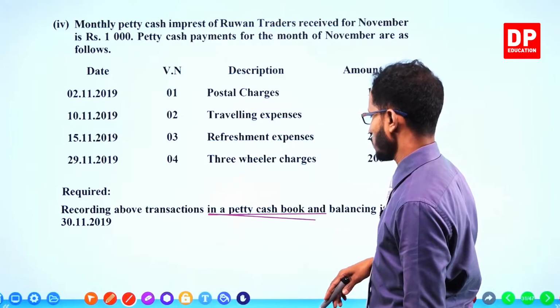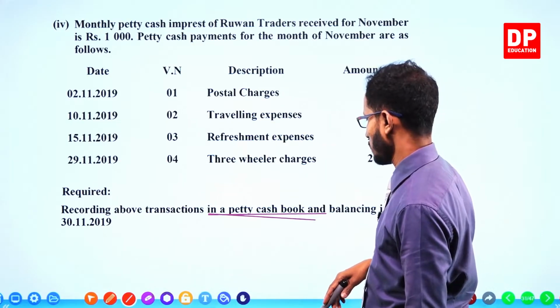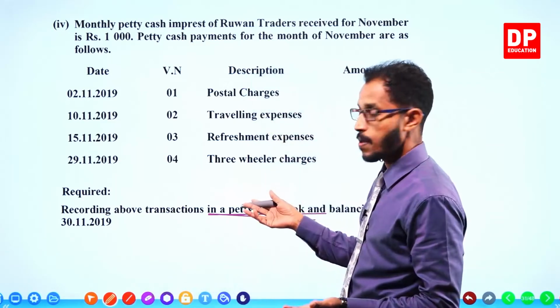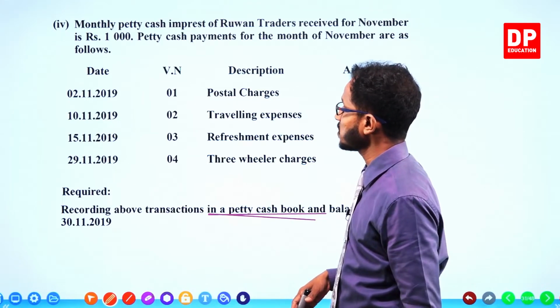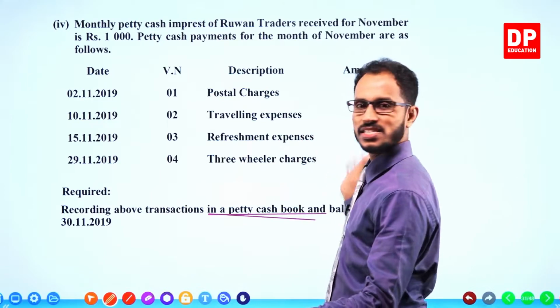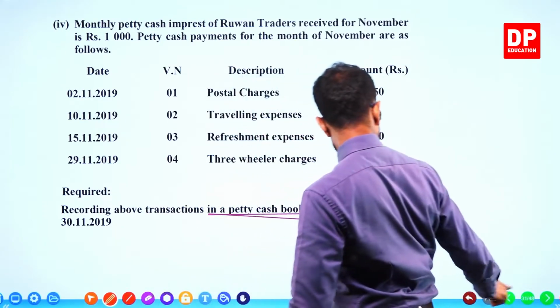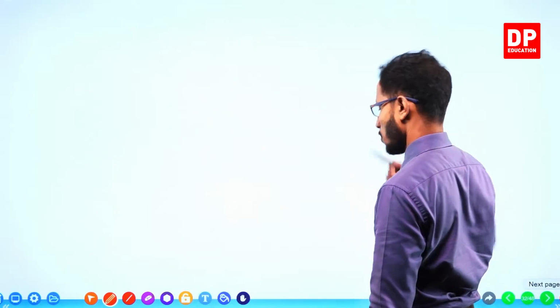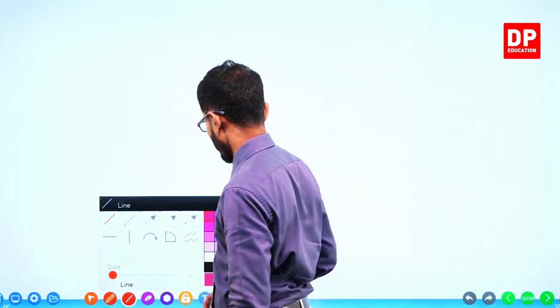No problem. We'll take another slide and draw the petty cash book because we don't have space here. There you go. Let's draw the petty cash book.